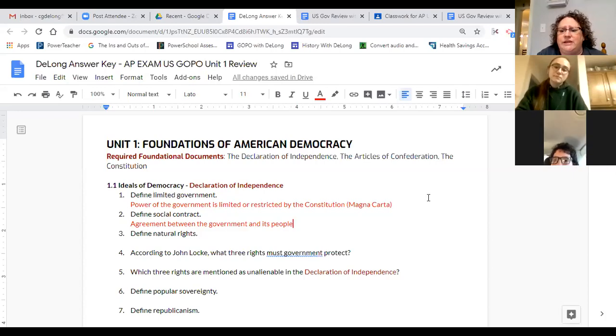So you see a lot of those ideas. And we joke that Thomas Jefferson plagiarized, but everybody knows that he was writing Locke's ideas. So Locke and Rousseau, this idea of this social contract, that we give up part of our rights, we put them in the hands of the government for the government to protect them. And if they fail to do their job, then we have the right to rebel.